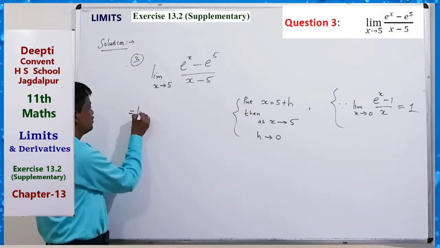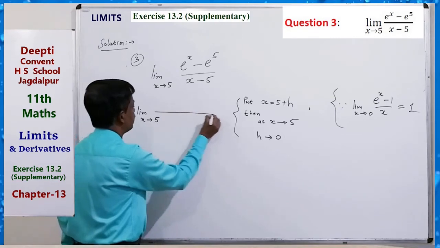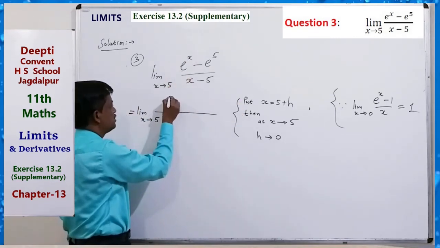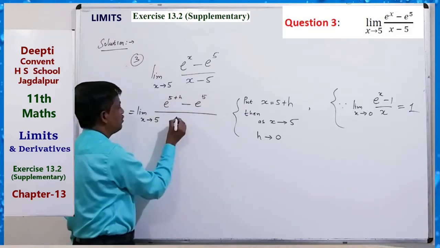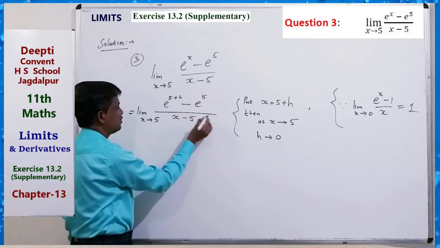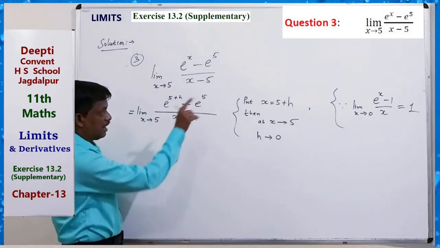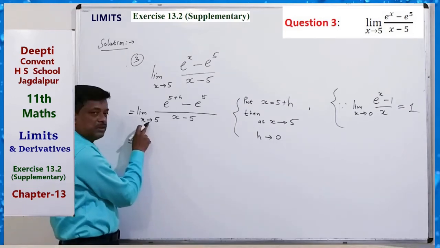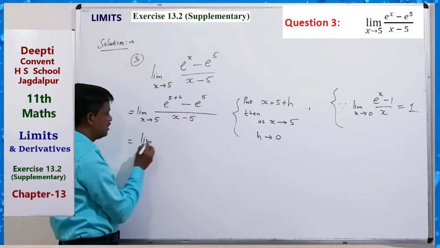So limit x tending to 5 of e to the power x, with x equals 5 plus h, so e to the power 5 plus h minus e to the power 5 upon x minus 5. Clear? Now x equal to 5 plus h, that is x tending to 5, h tending to 0.